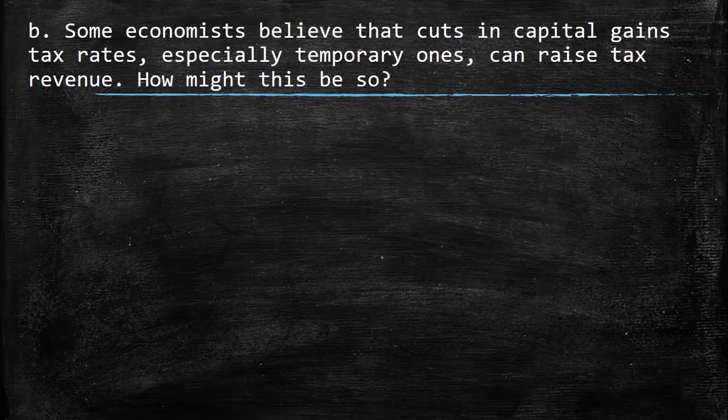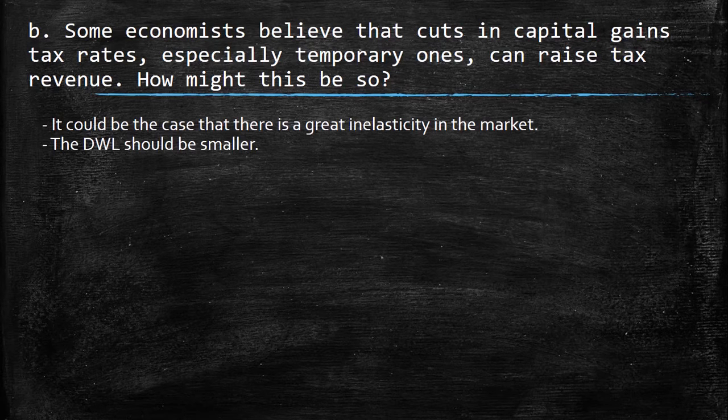Then the B part says some economists believe that cuts in capital gains tax rates, especially temporary ones, can raise tax revenue. How might this be so? Basically, we can consider that this kind of market is really inelastic, so demand and supply are really inelastic.